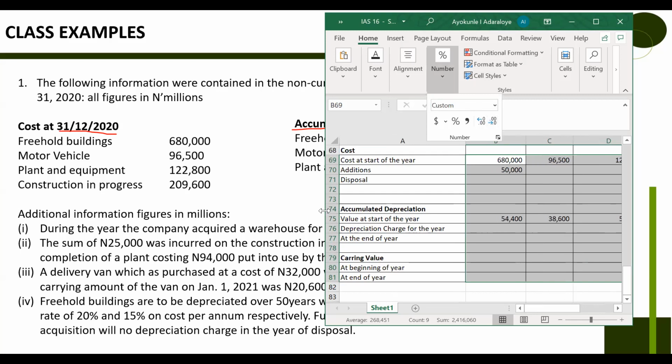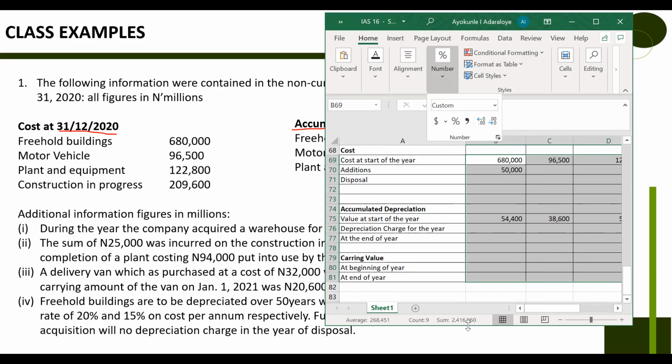So let's go to point number 2. Let's read point number 2. The sum of 25,000 was incurred on the construction in progress, and this resulted in the completion of a plant costing 94,000, put into use by the company on June 30, 2021.